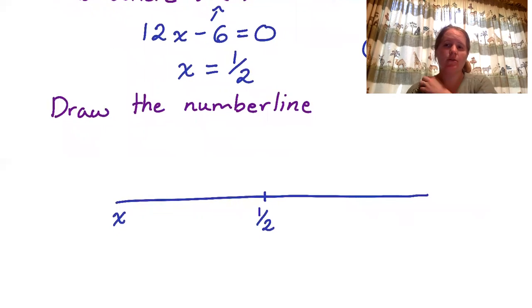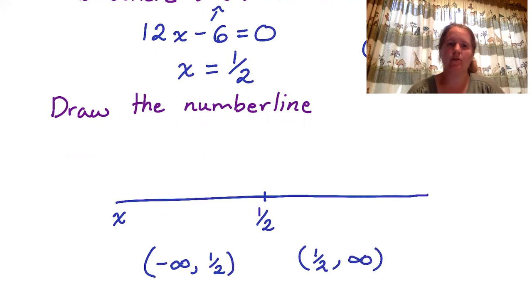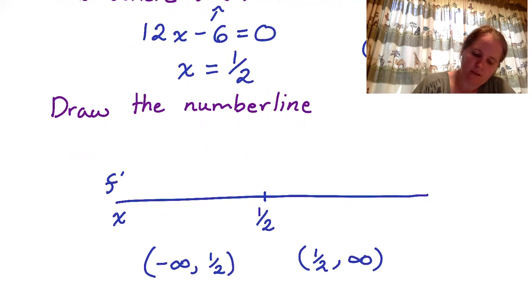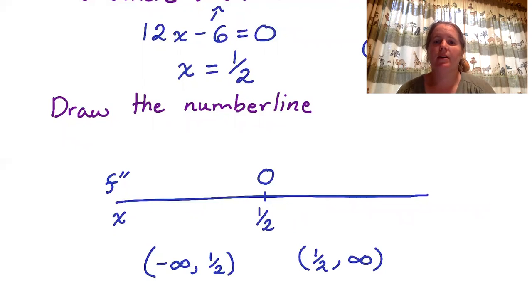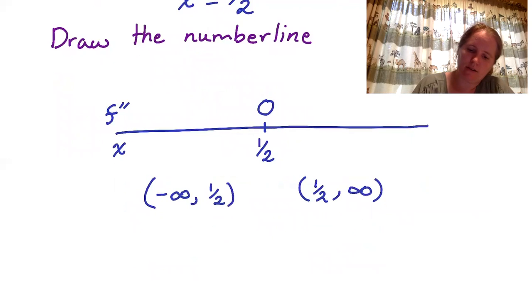One of our intervals will be from negative infinity to 1/2. And the other interval will be from 1/2 to infinity. Right? We've just broken into two subintervals. And we know the second derivative is 0 at our point of interest. So now we just need to figure out the sign of f double prime on both sides. And so we'll do that by picking a test point.